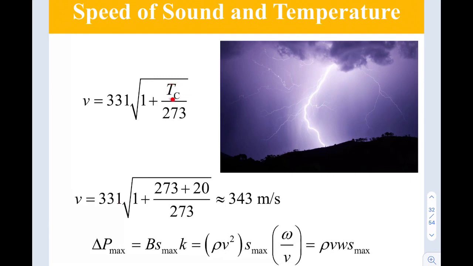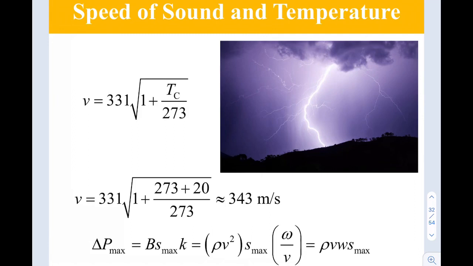The T here must be in Celsius unit. Then you substitute the T, and you will get the V of the sound wave within the air at this temperature. For example, at 20 degrees Celsius, the speed of wave is 343 meters per second.